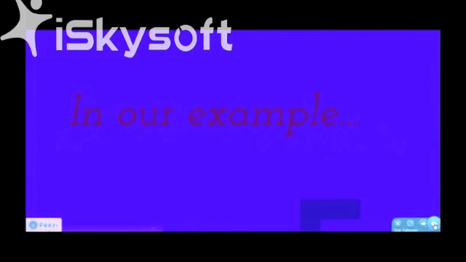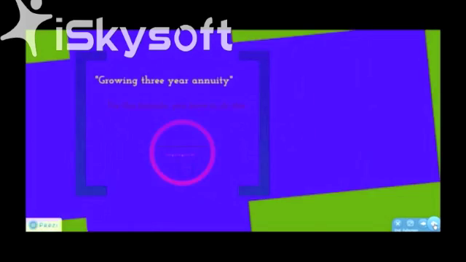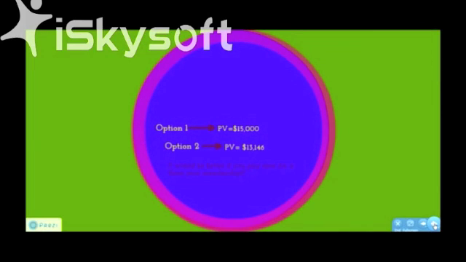In our example, the present value is equal to 13.146. So in option 1 we have a present value equal to 15,000, and in option 2 we have a present value of 13.146 thousand. It would be better to pay now for a 3-year membership.